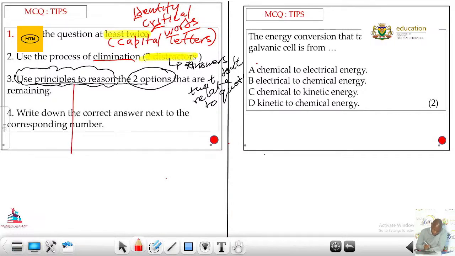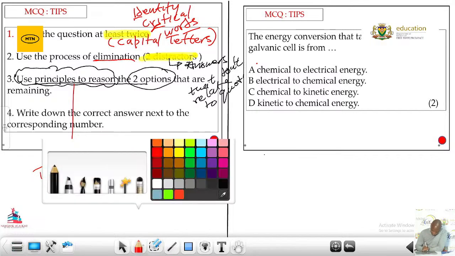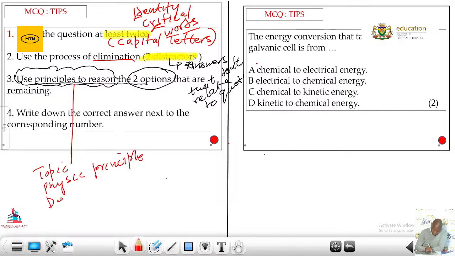A physics principle can relate to a specific topic, to a physics principle, to a definition, or even a statement that we normally use, or anything that can assist us in ensuring that we get to the correct answer.